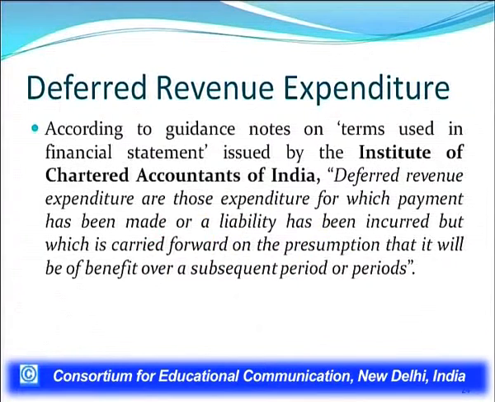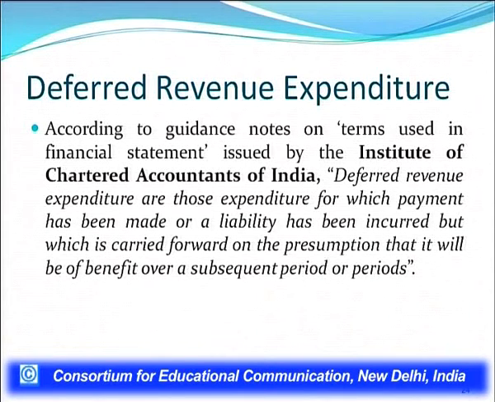Now, we would like to discuss another category of expenditure, and this category is very important, that is deferred revenue expenditure. I have specified here the definition given by the Institute of Chartered Accountants of India.